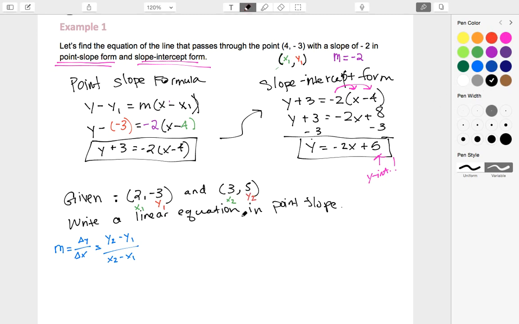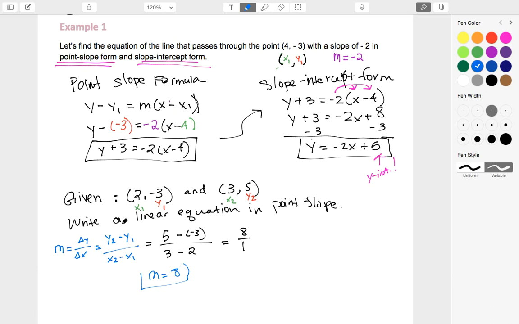Now we can substitute those in, and I will get y2 is 5 minus -3 all over 3 minus 2. And this will end up being 8 over 1. Okay, so our slope in this case is m equals 8.